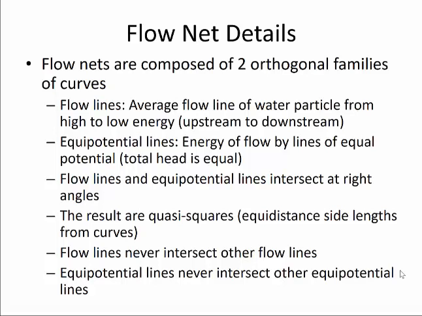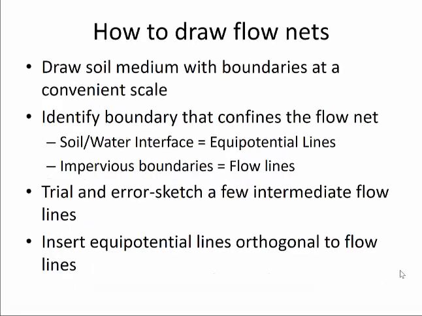They don't have to all be the same size, but they should be close to similar height and length distances. And then, of course, the rules are that flow lines never intersect other flow lines, and equipotential lines never intersect equipotential lines. The rules are pretty simple and standard to follow on how to draw flow nets.